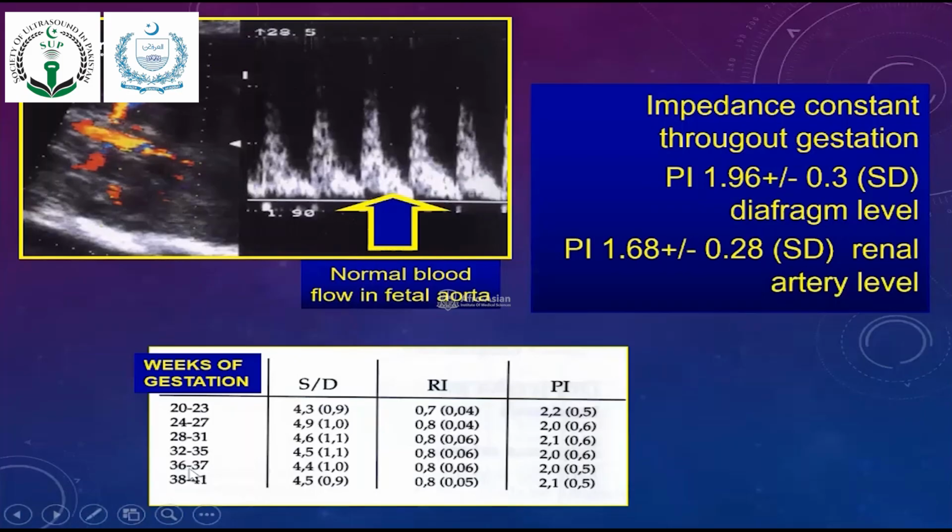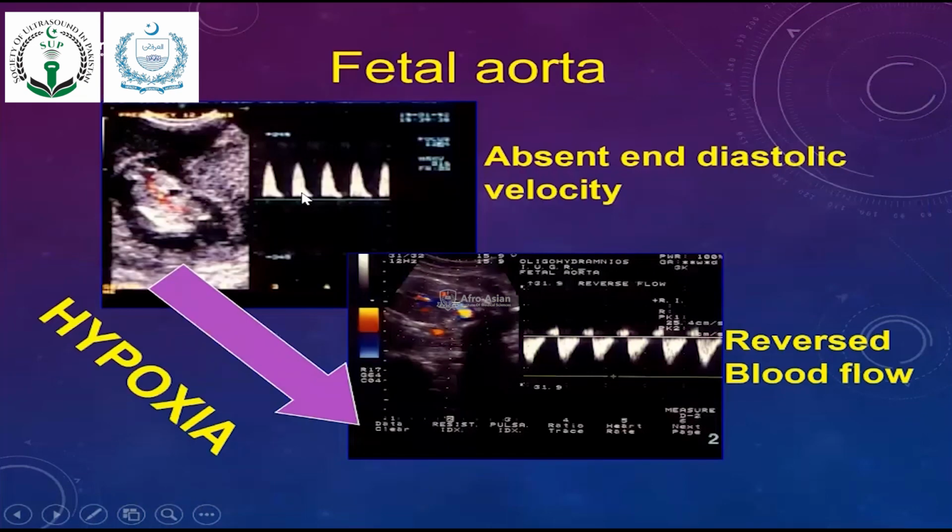at term. So if you know that it must be around 4 times, then when the ratio between systolic and diastolic is affected, or even the diastolic is absent, that means the fetal aorta is having a problem. The resistance is having a problem.